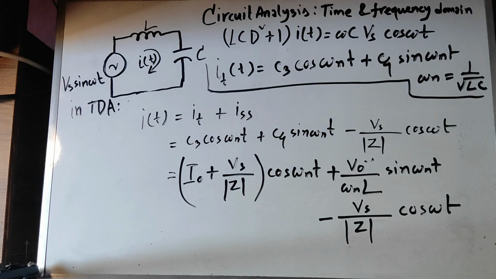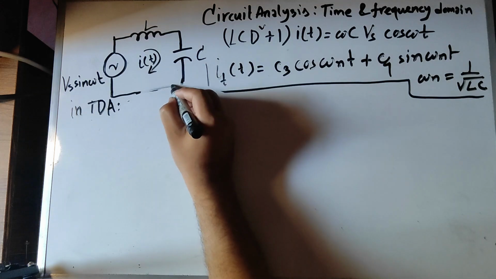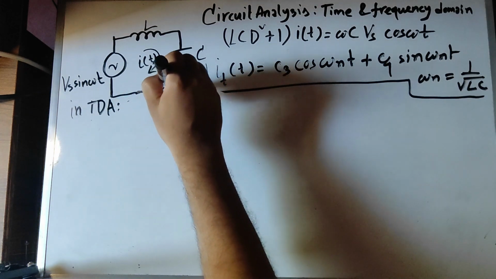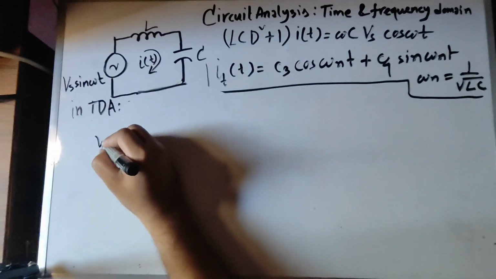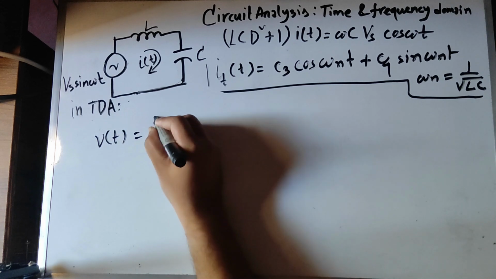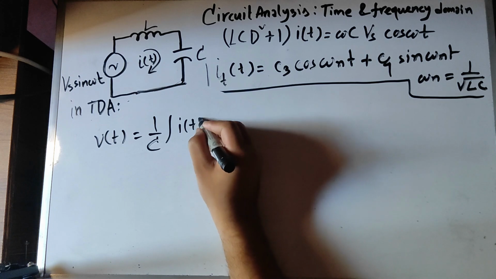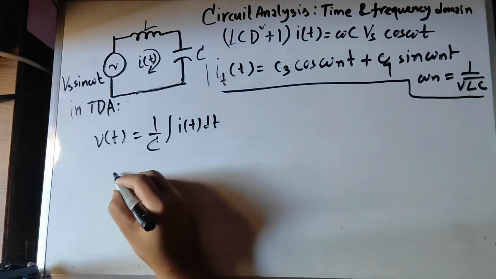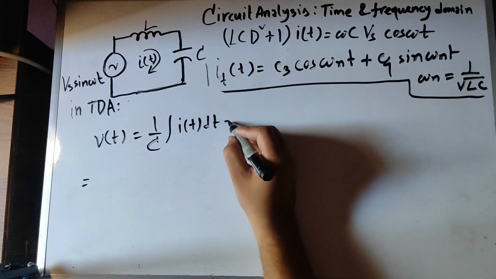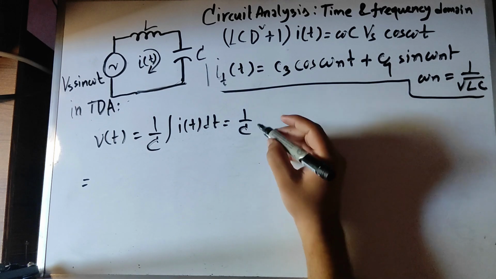So if you want to find the voltage response, V of t is 1 by C integral of i(t) dt. So here, let me write this here.